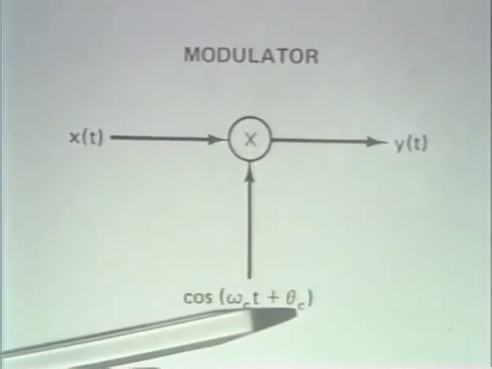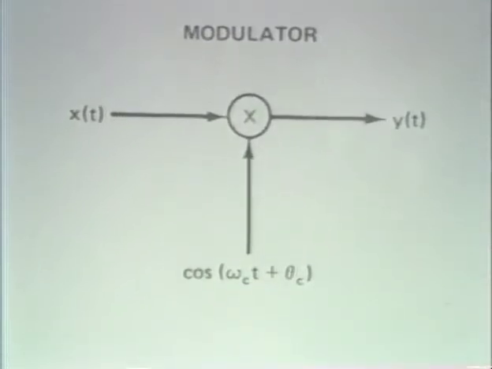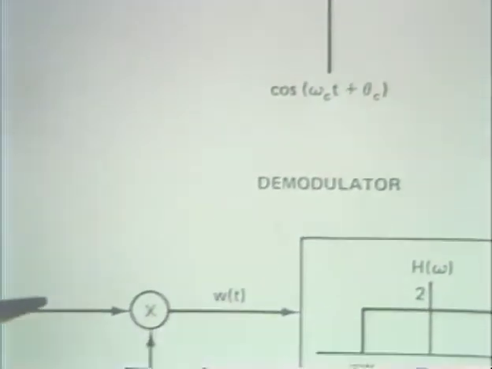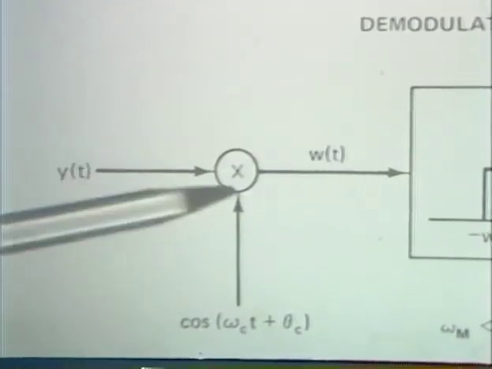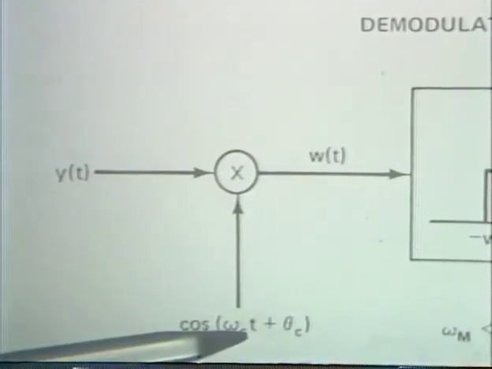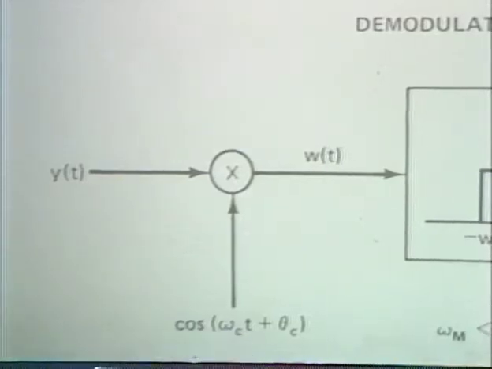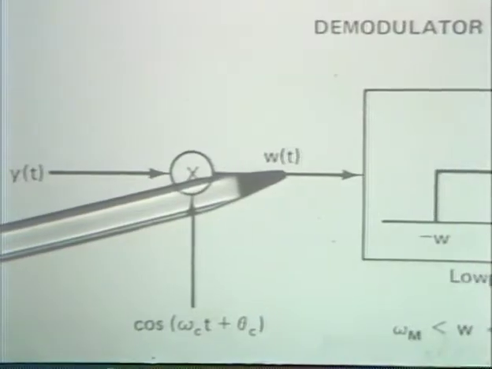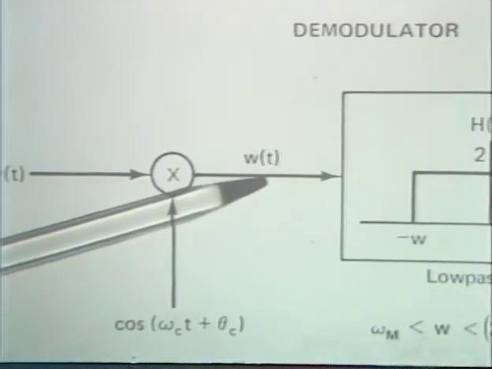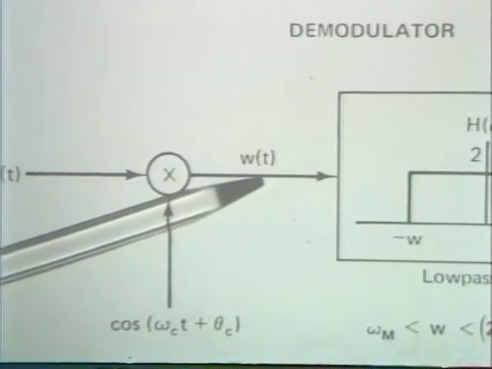In the demodulator, we would take the modulated signal, modulate it again with the same carrier signal, and as we'll see later, it's important to keep the same phase relationship. This result is now not yet quite the demodulated signal.